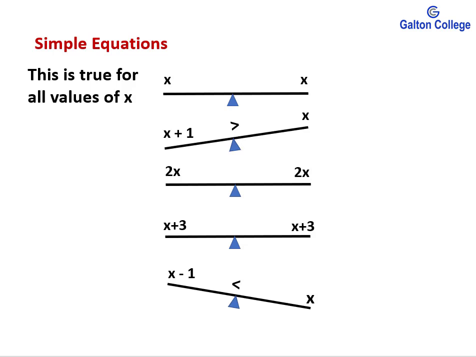So x minus 1, and I'll just put the cursor on the screen for a moment. This sign here means x minus 1 is less than x. So when you see a little chevron like that pointing in that direction, that means x minus 1 is less than x. We use these symbols all the time. It's worth noting what they are.